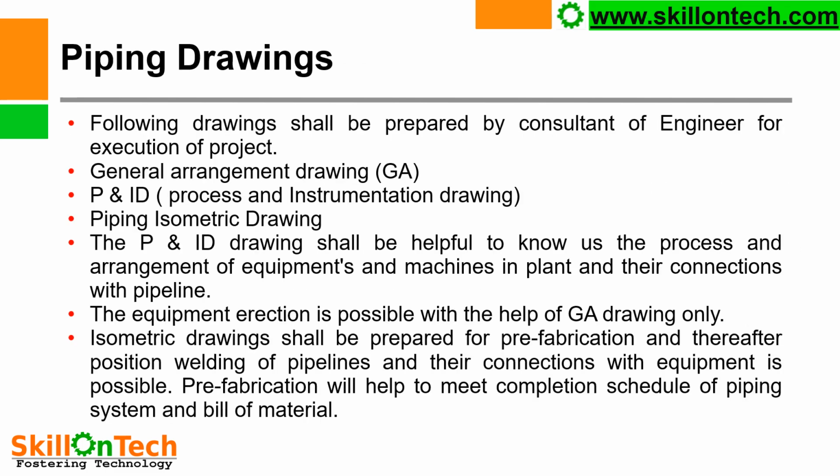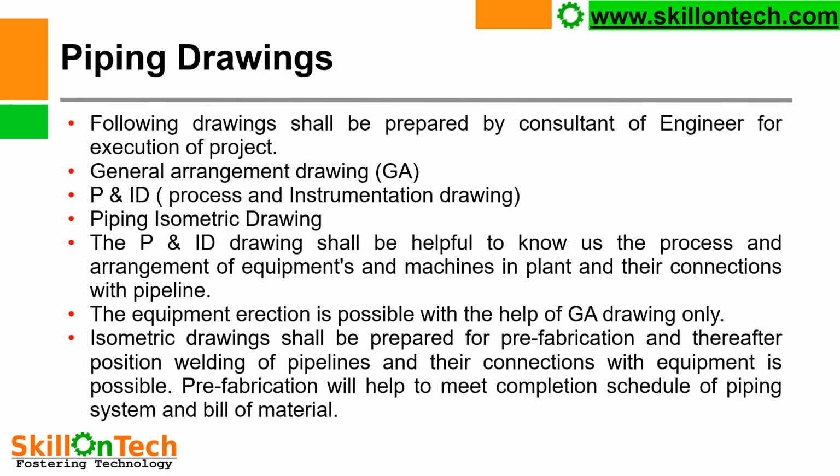Piping drawings. Piping drawings are very important for completion of a piping project. So the following drawings shall be prepared by the consultant or engineer for execution of the project: general arrangement drawings, GA drawings, P&ID process and instrumentation drawings, and piping isometric drawings.